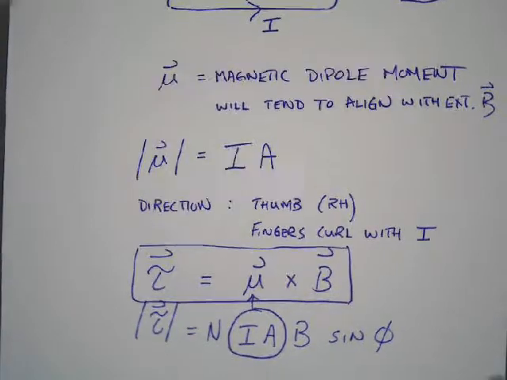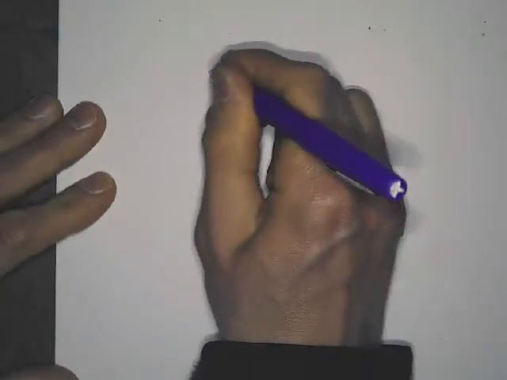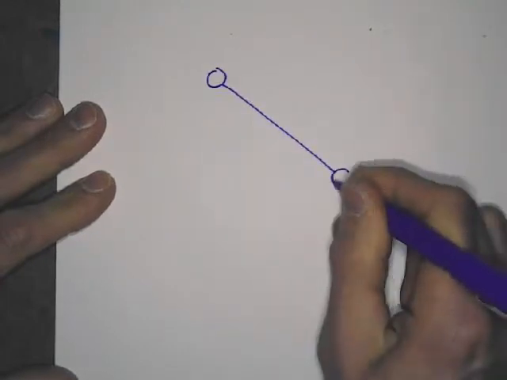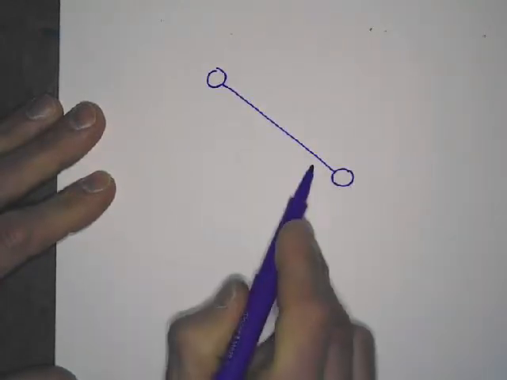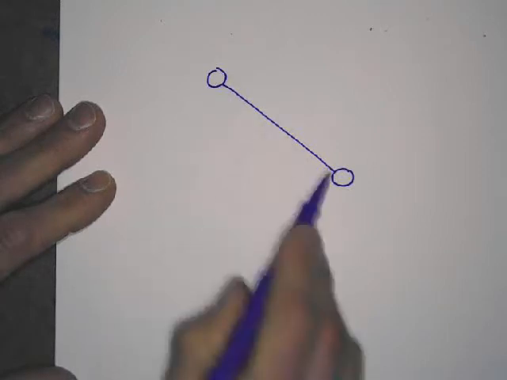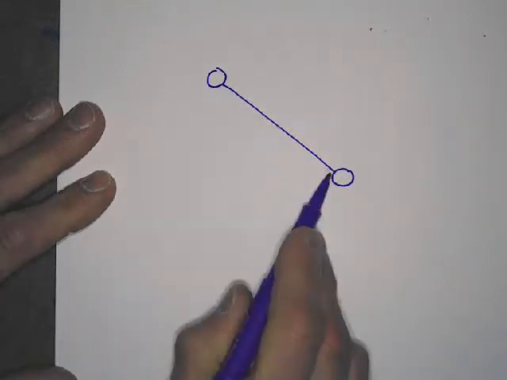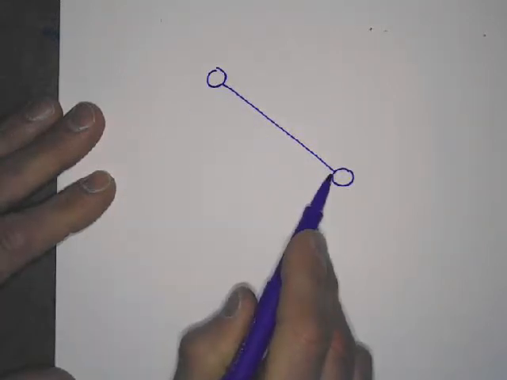Okay. And let's explore that a little bit more. So let's take it as an example. Let's look at a loop from the side. And let's say that this is an example where the loop itself is running diagonally, and we're looking at it edge on.